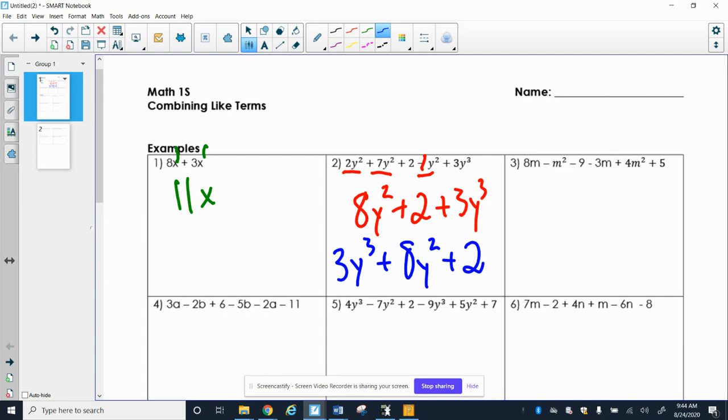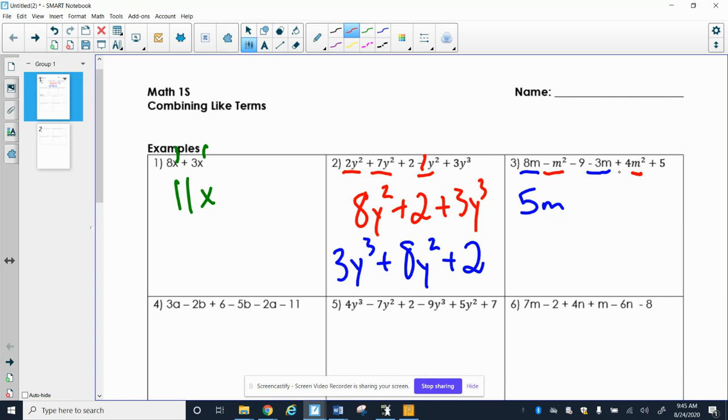Okay. If we look at 3, we want to match up our like terms. So we have an 8m, and we'd look through and see, do we have any like terms? So it looks like our only like term is this negative 3m. So we put those together, 8m minus 3m, that's 5m. Then we keep going. Well, we have a negative m squared.